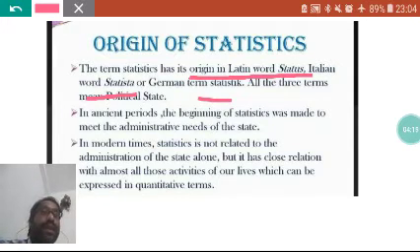In the starting, it was mainly made for information for the administration. At that time people were collecting information and giving it to the kingdom, and they used to survey person to person. Nowadays we have many sources: we go through newspapers, emails, mails, Google search, and from there we also collect data.